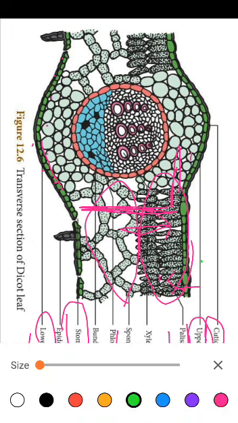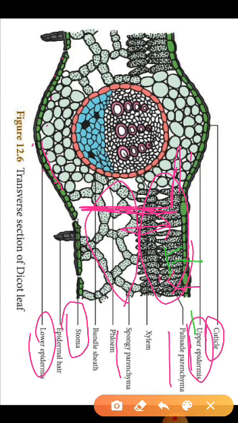The cells are elongated or longer. Those cells have many chloroplasts. Like the upper epidermis, palisade parenchyma does not have intercellular spaces. So it takes part in photosynthesis.